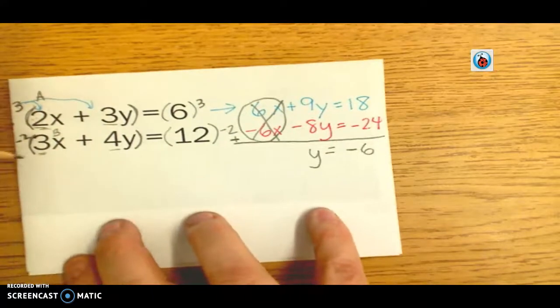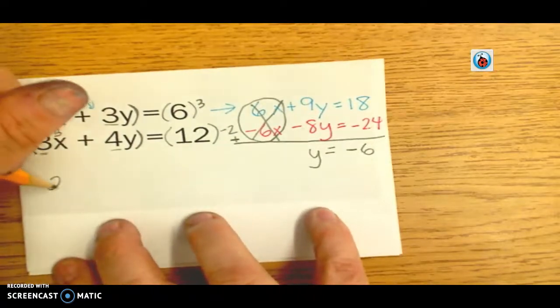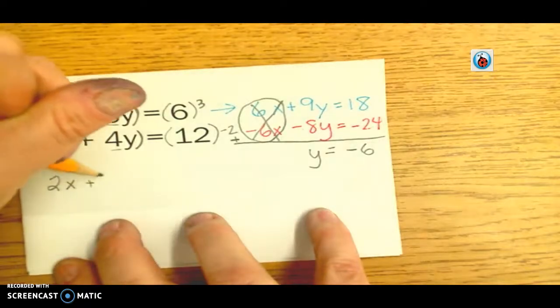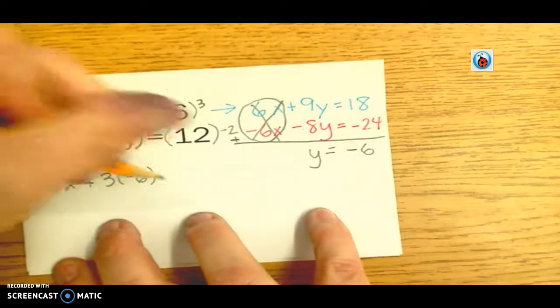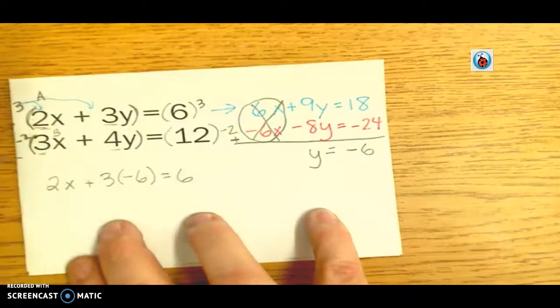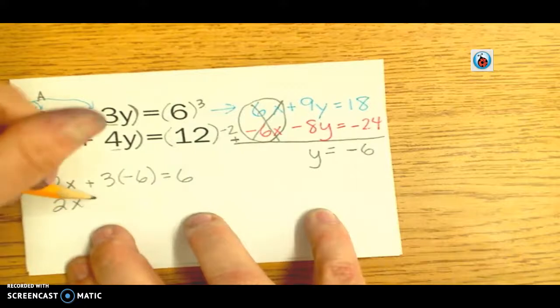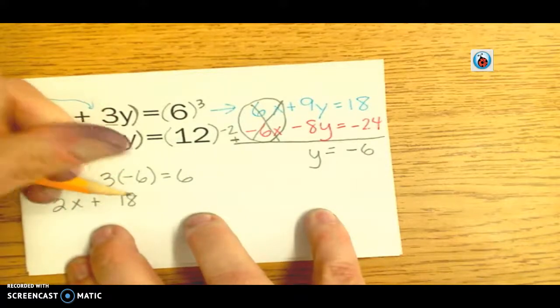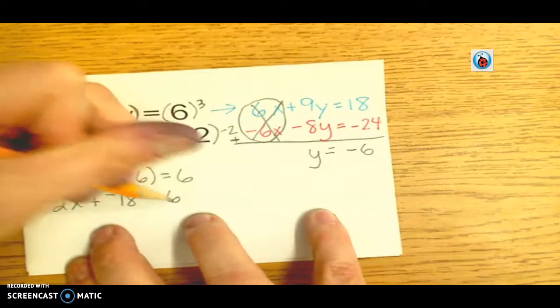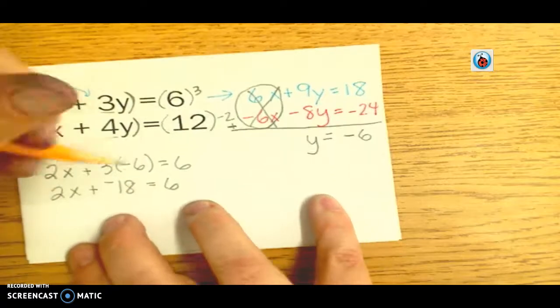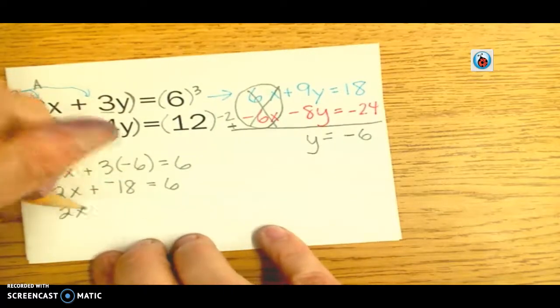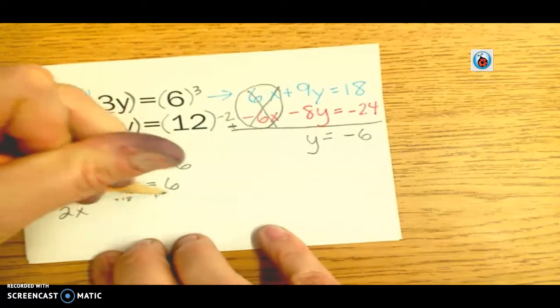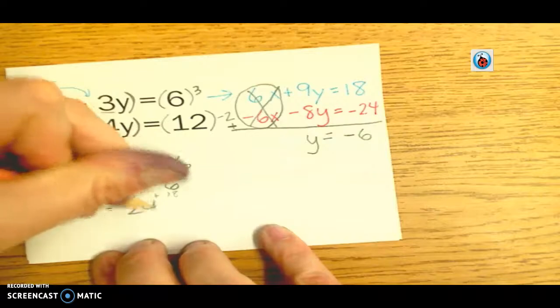I'm going to go back to equation A. 2 times something plus 3 times negative 6 equals 6. All right, I get 2x plus a negative 18 equals 6. I'm going to add a positive 18 to the other side. It's 24.